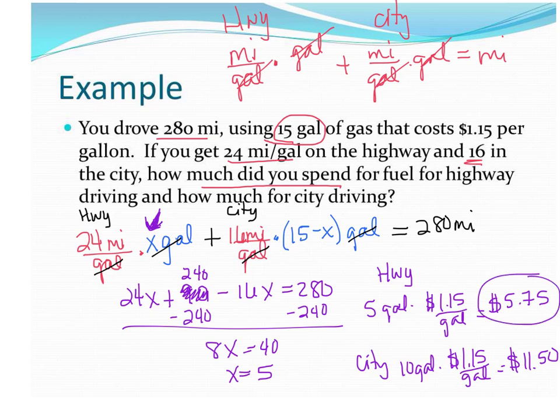So those are our answers to how much we should spend on each. But you could not go directly to it. You had to go around it and find something else first.